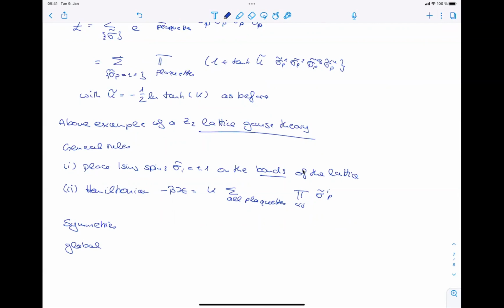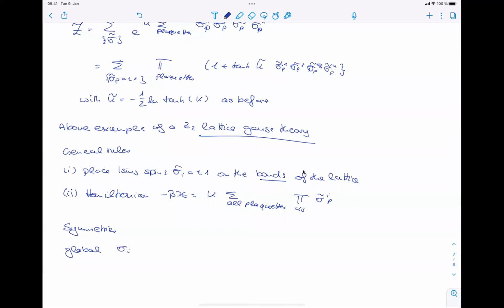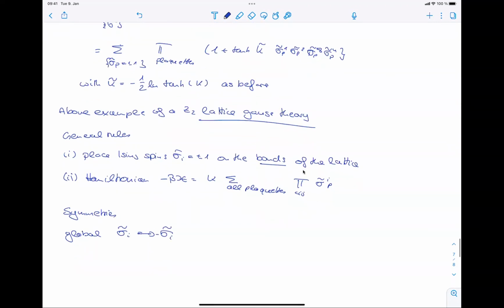So nothing happens if I flip all spins all together. Under this transformation, as long as I flip all spins, the physics stays the same. It's a global symmetry. But now these plaquettes, they also have a local symmetry.